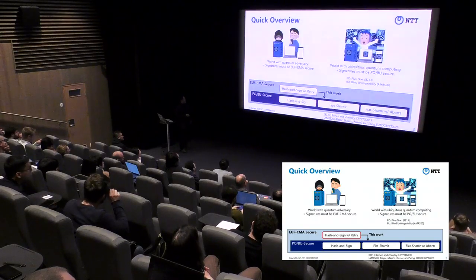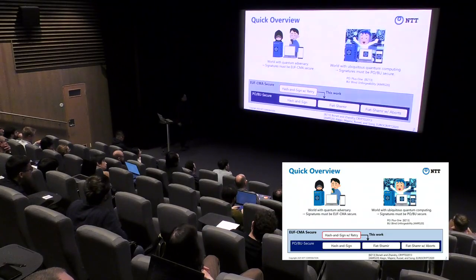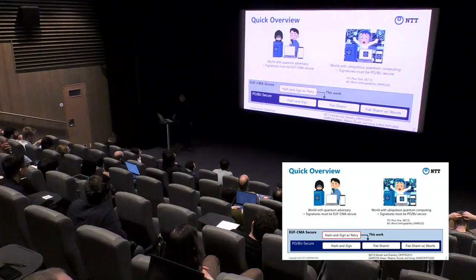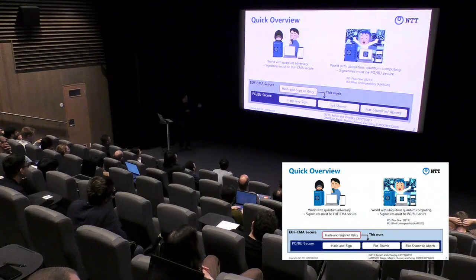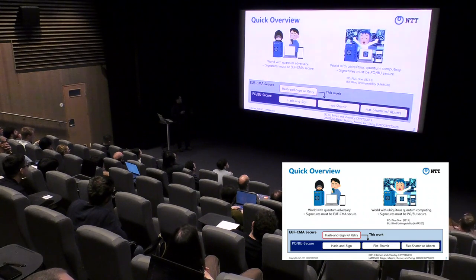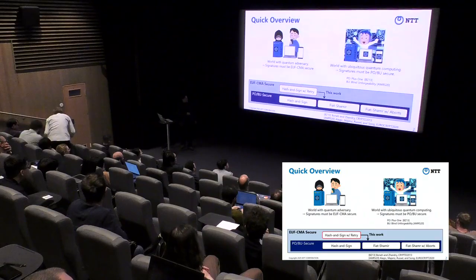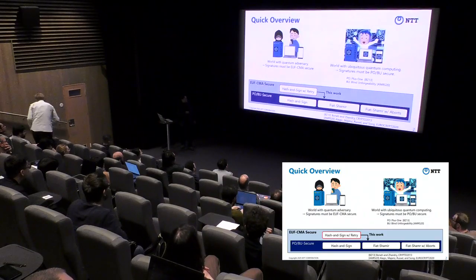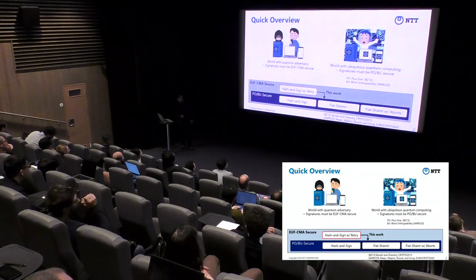The variant of hash-and-sign is called hash-and-sign with retry. Three out of four paradigms are secure in the PO and BU security. However, we don't know yet whether hash-and-sign with retry is PO and BU secure. Actually, there is a structural difference, so we can't apply the techniques used for these schemes to this paradigm. So what we did is this.